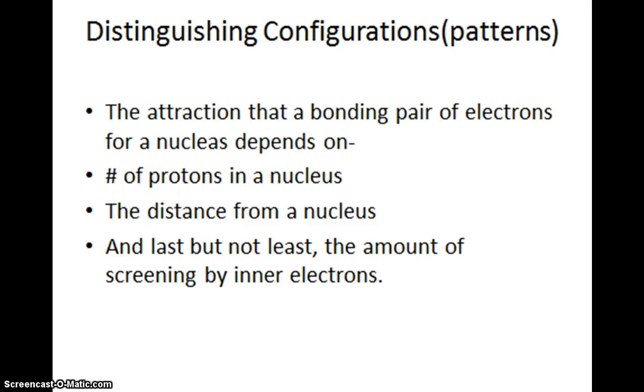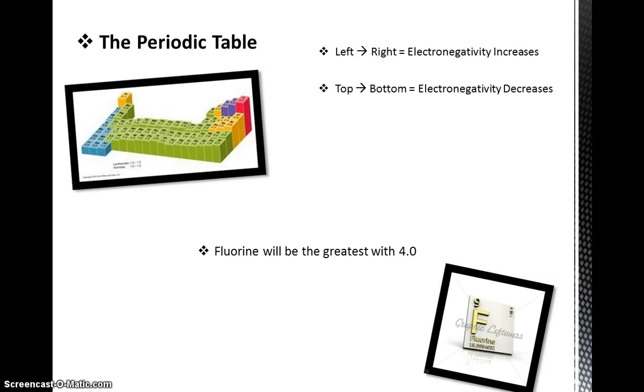Okay, and now for the final part of our presentation. With the periodic table, every element is going to have a different electronegativity depending on where it is on the periodic table and the number of electrons it has. As you move from the left to the right side of the periodic table, the farther right you go, the electronegativity increases.